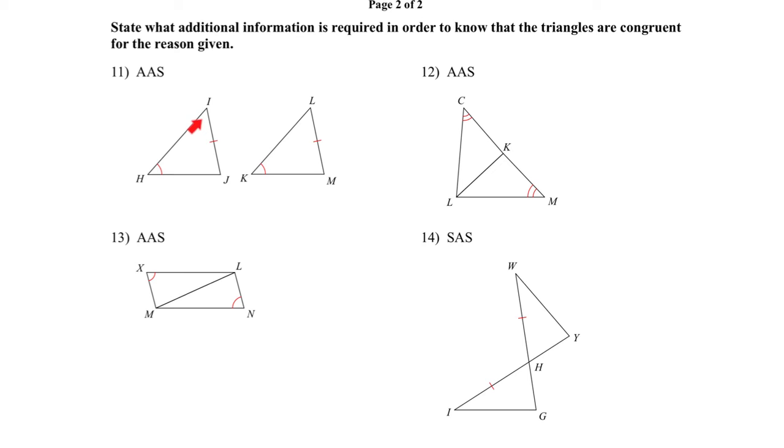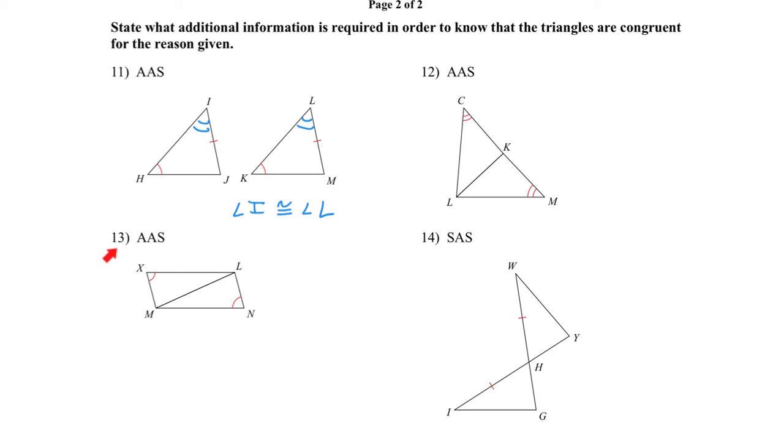So if I use this angle here, if I mark those with the congruency marks, I have angle, angle, side, angle, angle, side. So this one can also be angle I is congruent to angle L.